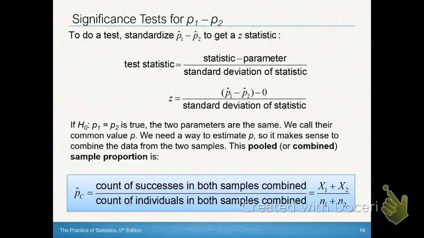Continuing on, we have our test statistic. So in words, we've got this general formula that we've used for our other significance tests. We're going to continue to use that. Now, in this case, we are assuming that the difference is 0. So our parameter is going to be a 0. And again, we're using the p sub c when we go to do our standard deviation formula here in a moment, because we are assuming that those values are equal.